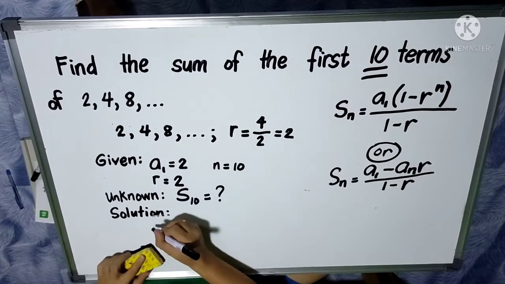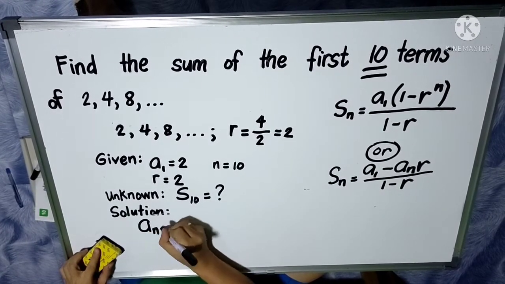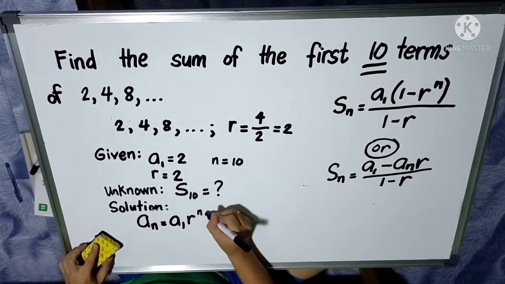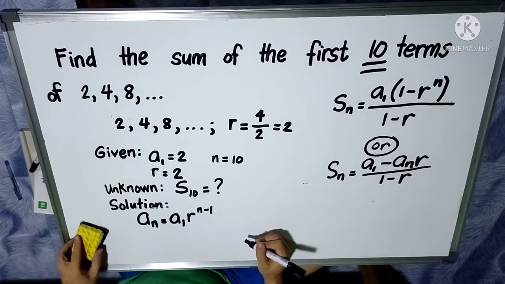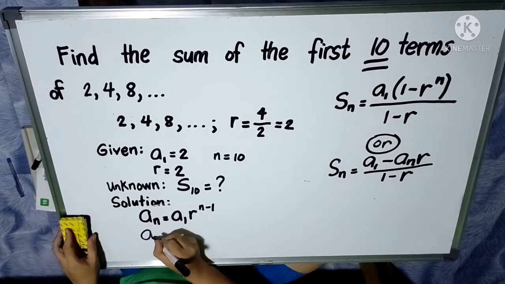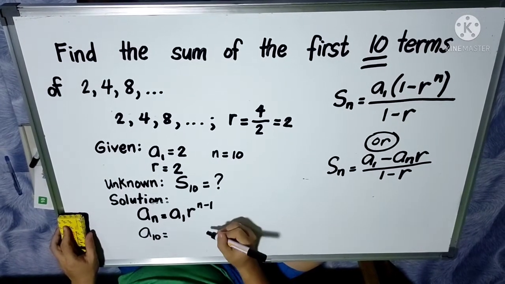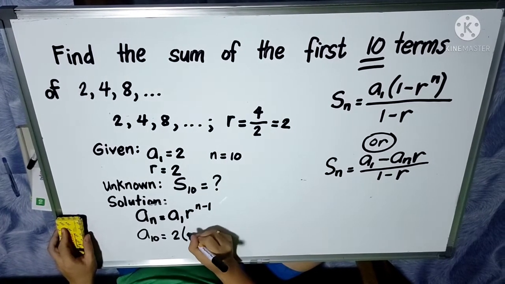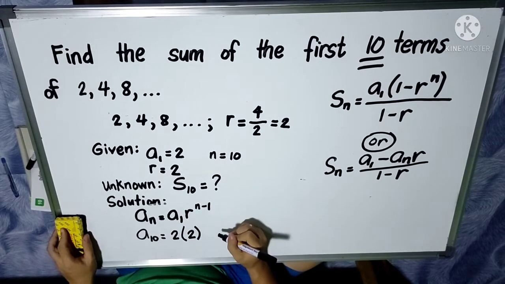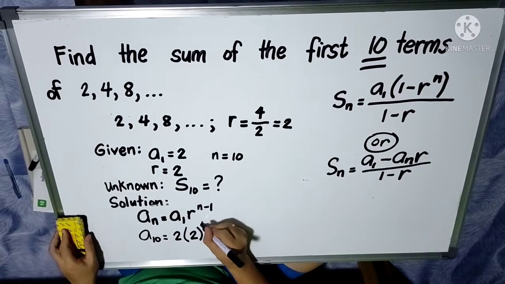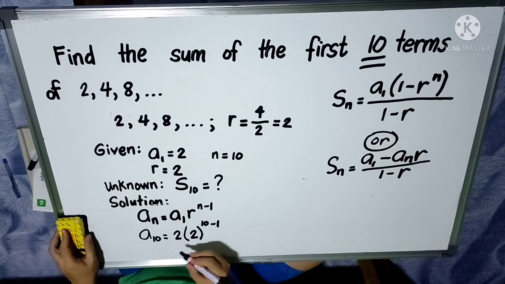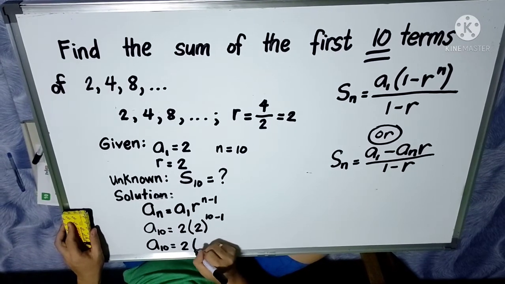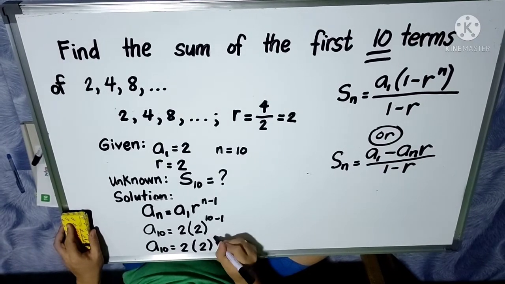The formula in solving for a sub n: a sub n is equal to a sub 1 times r to the exponent of n minus 1. So by substitution, you will have a sub 10 is equal to a sub 1, you have 2, your r is also equal to 2, to the exponent of 10 minus 1. So your a sub 10 is equal to 2 times 2 to the exponent of 9.